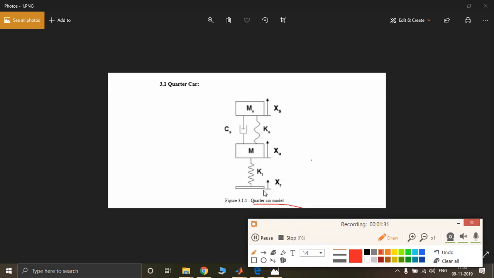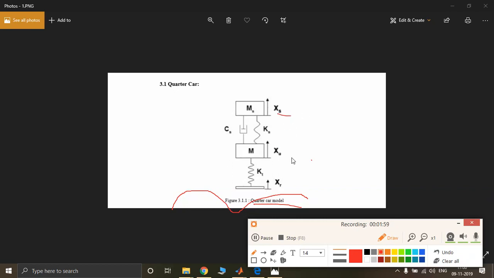Now in a quarter car, the basic principle is this is the road, and it shows the road undulation. It is going to be XR, and as this moves up, it will push the unsprung mass, and then the displacement is further transferred to the sprung mass, that is xs.